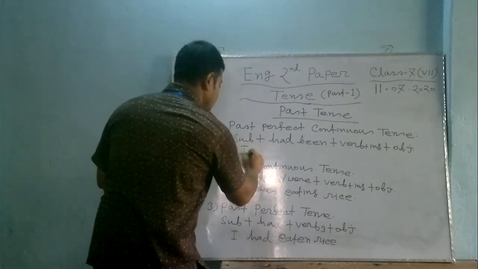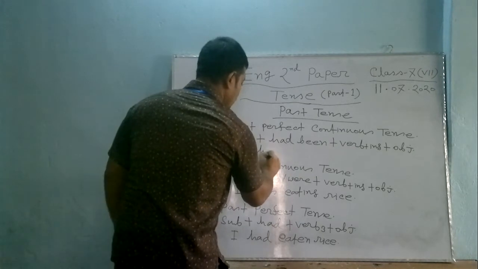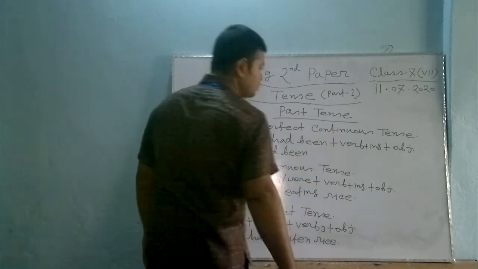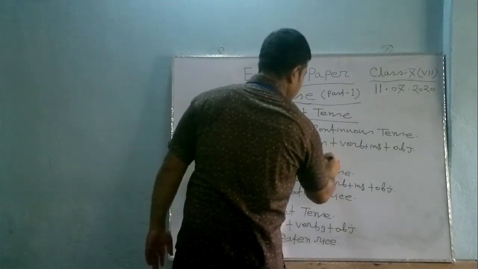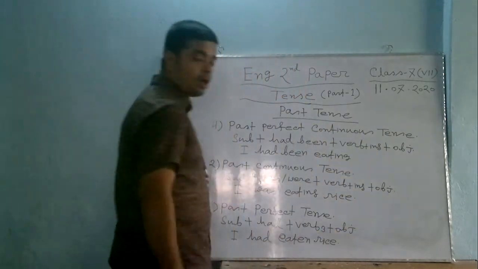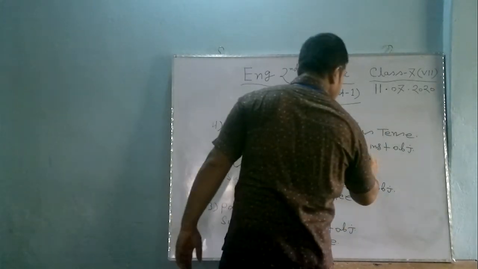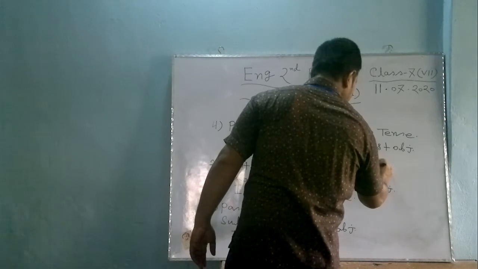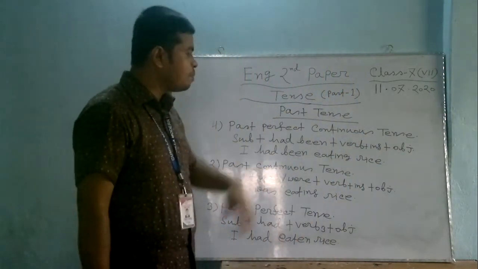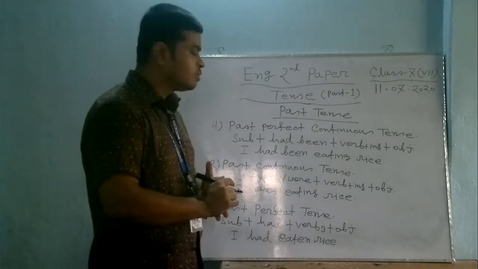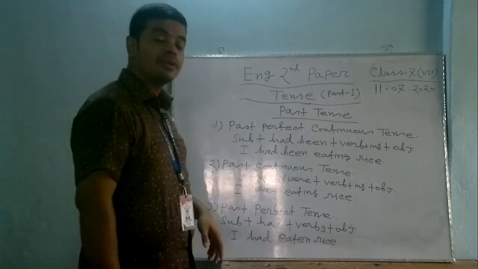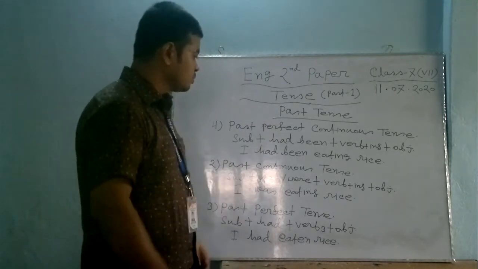Subject is I. Then we use the auxiliary verb had been. The verb is eat, and adding ing with the verb, it is called eating. Then the object is rice. So, I had been eating rice. This was a sentence for past perfect continuous tense.